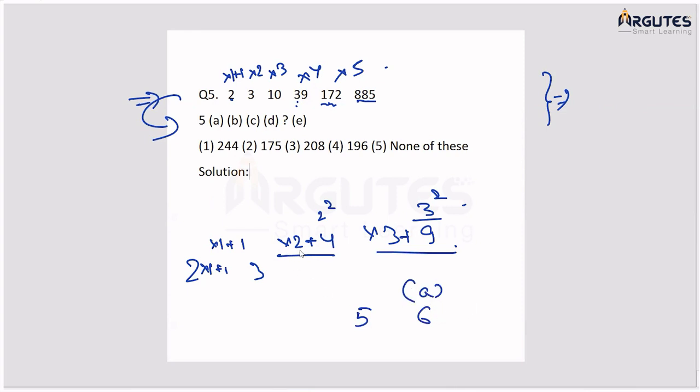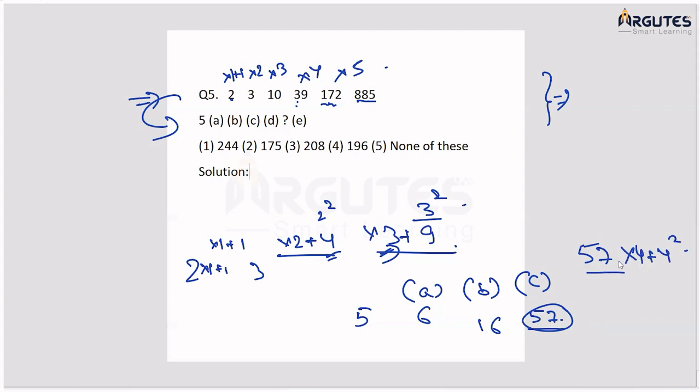6 into 2 is 12 plus 4, that is 16. B will be 16. Then C is 16 into 3, which is 48 plus 9, that is 57. Now D is 57 into 4 plus 4 square.